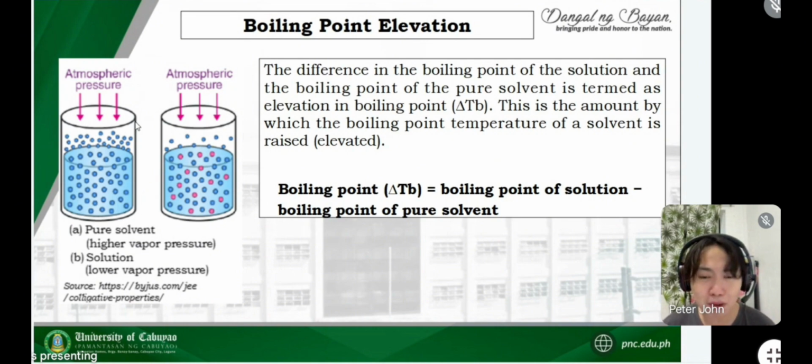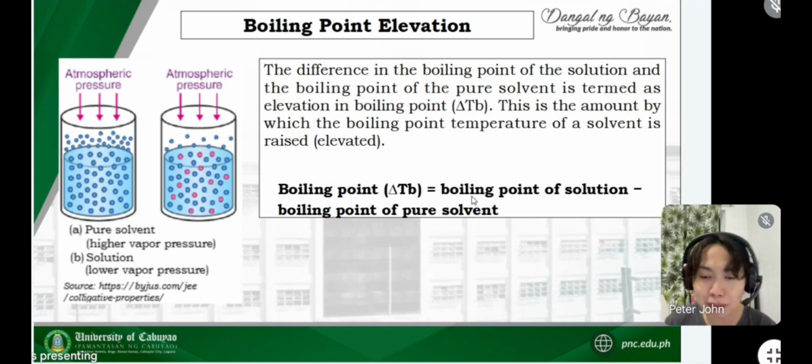So, yun nga po, mamaya, we need to compare the boiling point of a given substance. The boiling point of a solution, which means a combination with solute, will be subtracted by the boiling point of a pure substance.